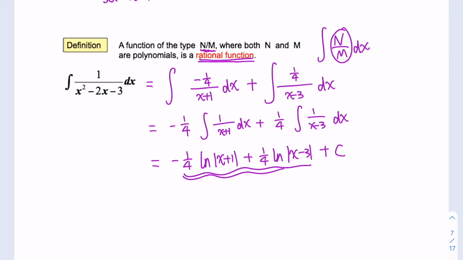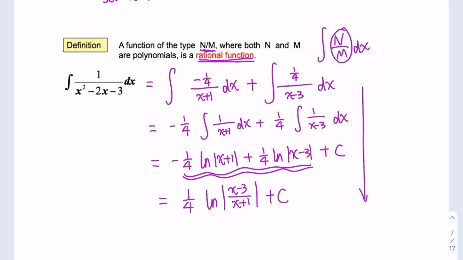Sometimes we can use a property to combine these two: 1/4 ln of x minus 3 over x plus 1 plus c. This whole process, we call partial fraction, because we split this fraction into two smaller parts.